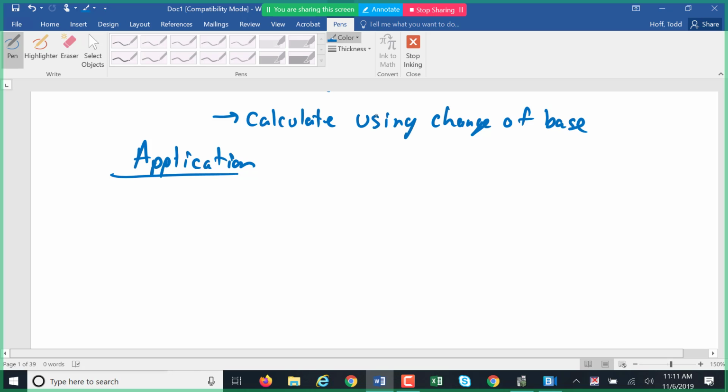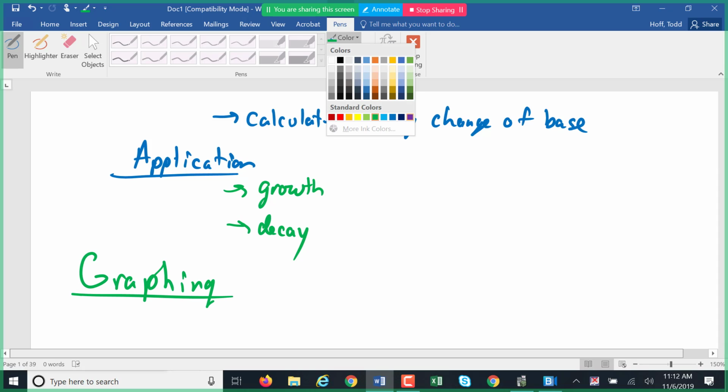And then you need to be able to do applications of logs using formulas for growth or decay. Graphing.